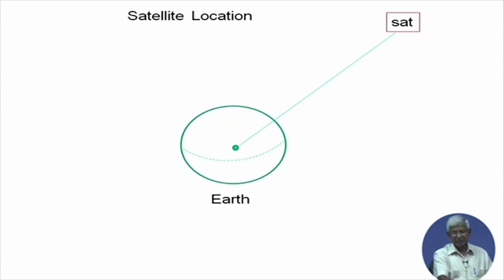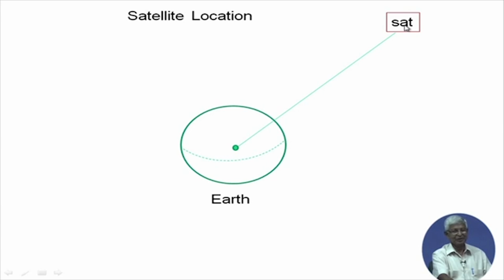Let us see some more definitions. Let us assume this is the earth sphere, this is the center of the earth, and this is the equator, and a satellite is there. Now, how do you define where this satellite is?